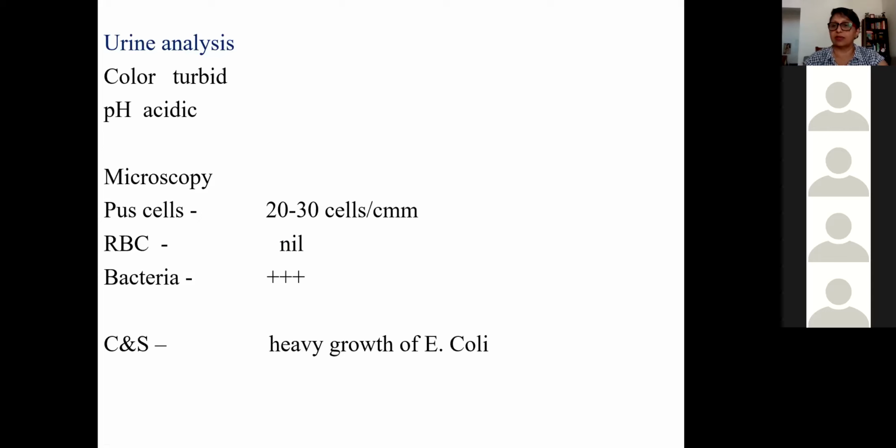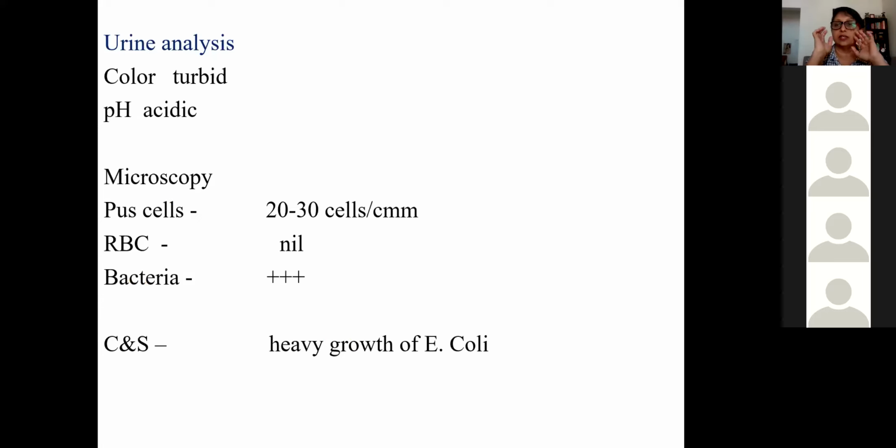So bacteria is there, pus cells is there. So what is the condition called? Tell me. Bacterial infection, ma'am. Bacterial infection. So the infection that is happening in the urinary tract, what is it called?